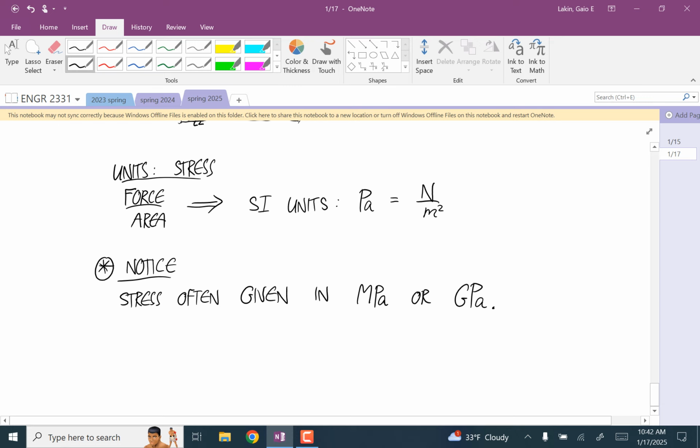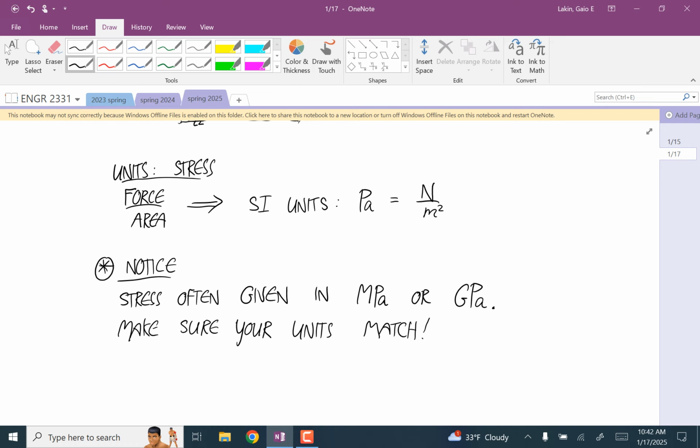So make sure that you don't have a unit mismatch once you start doing calculations, because if you do, you're going to get crazy, meaningless answers. Before I do calculations, I always put everything in SI units. You don't have to do that, but it avoids mistakes. Any questions about that yet?